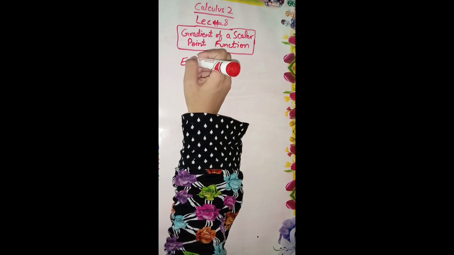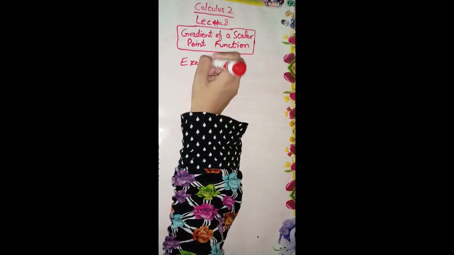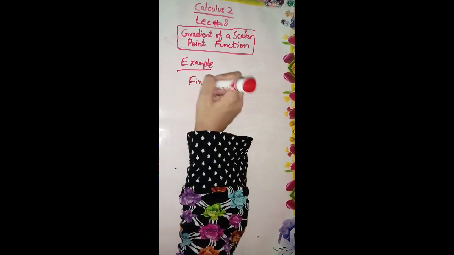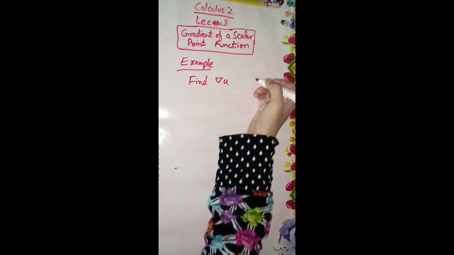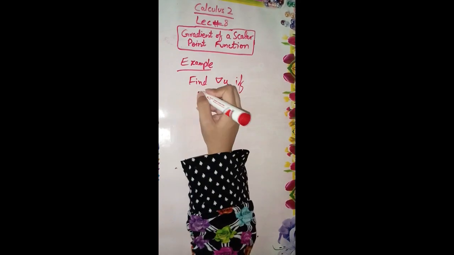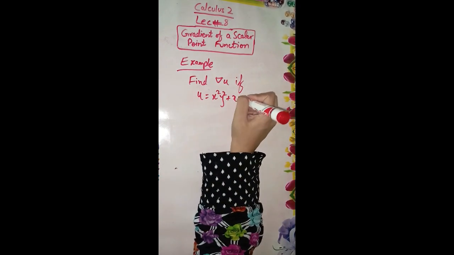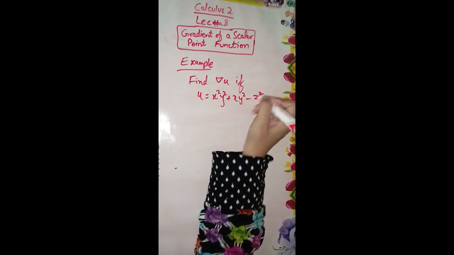Now we will solve an example of how we can find the gradient. We have to find del u, and the value of u is x square y square plus x y square minus z square.